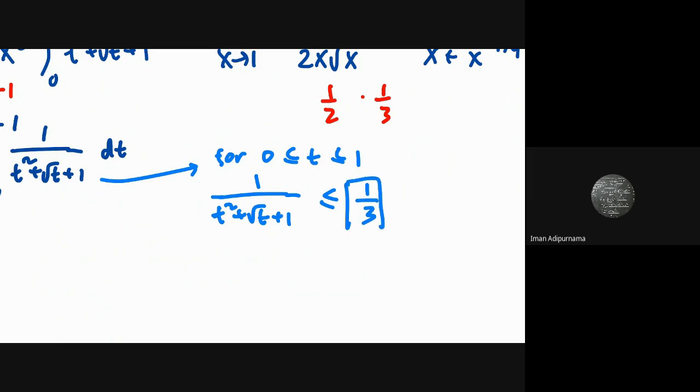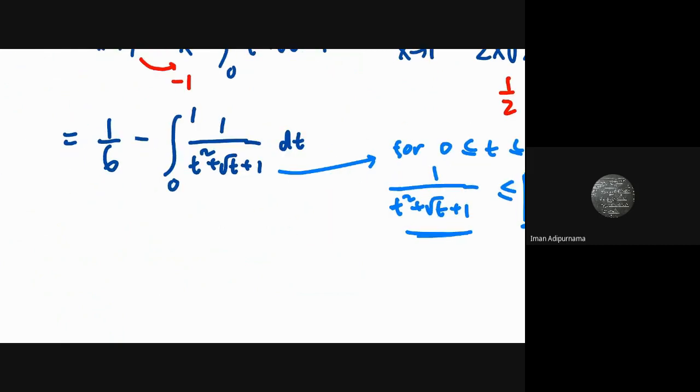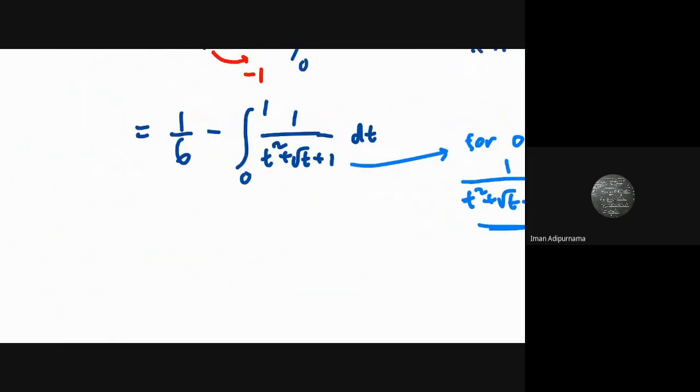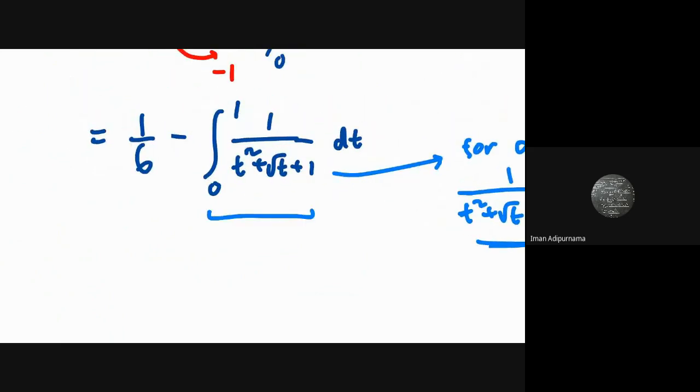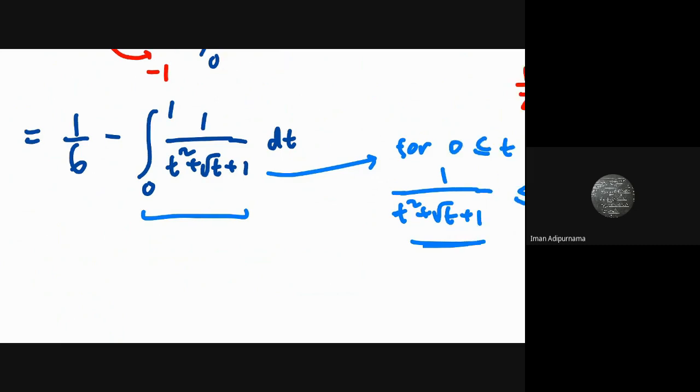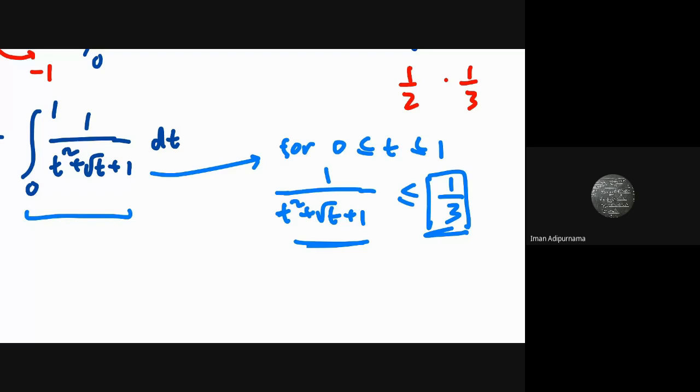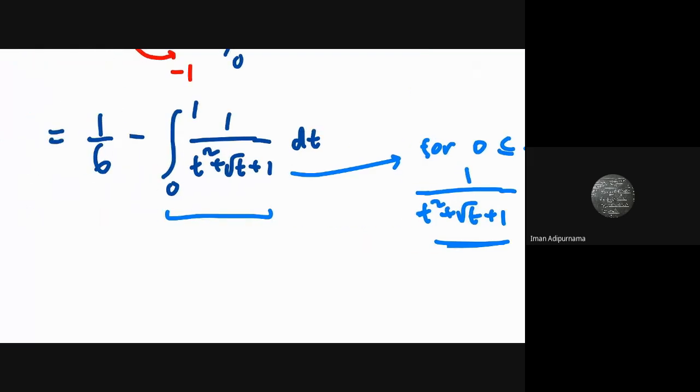At least this will be the limit, or the maximum number that we can think from this fraction. Then these integrations also, at least the maximum that we can think is it will not be higher than 1 over 3, okay, from that logic.